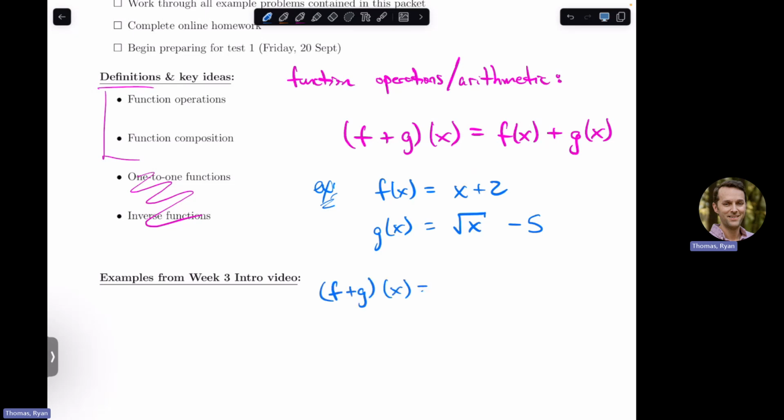Then if I want to find f plus g, in broad terms, that's going to look like one thing plus another thing, because that's how the operation's defined. And the things that we're going to add together are f and g using what we know about them. Well, f is x plus 2, and g is the square root of x minus 5.